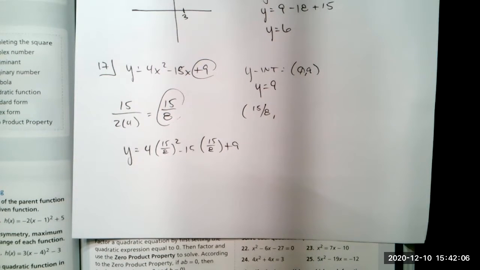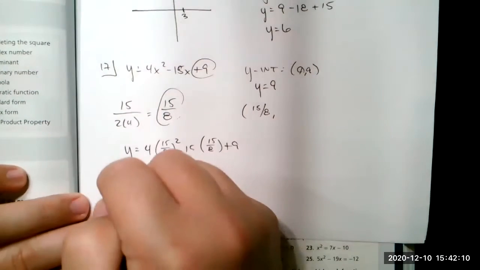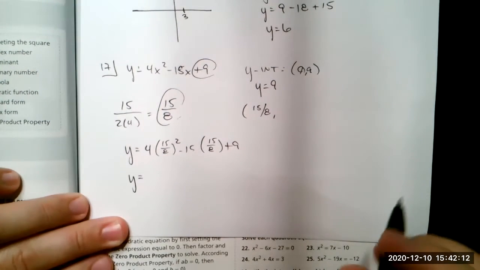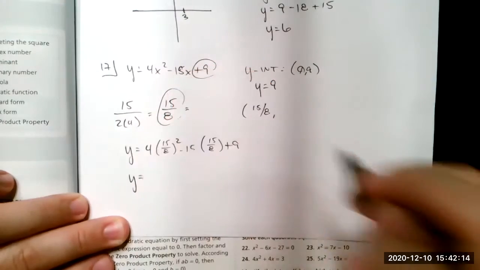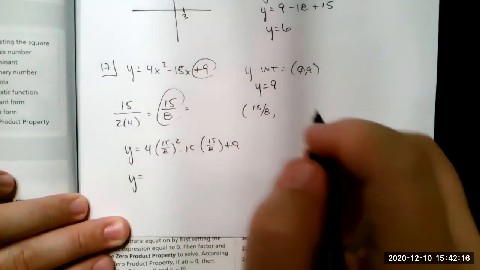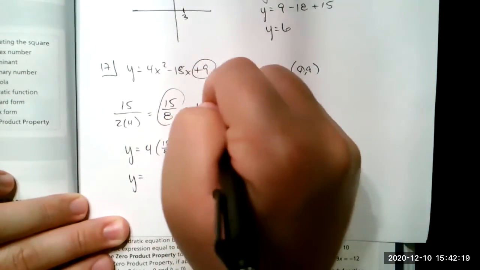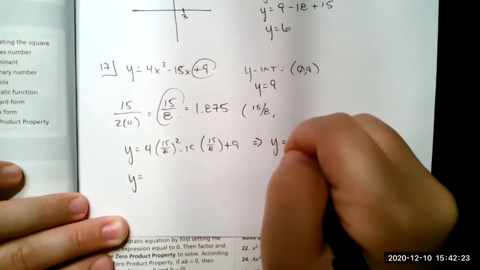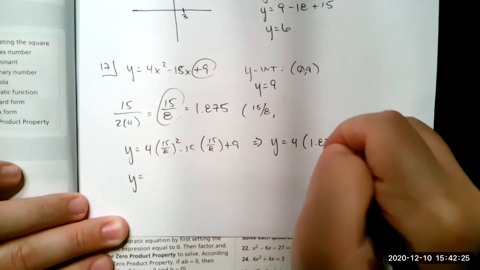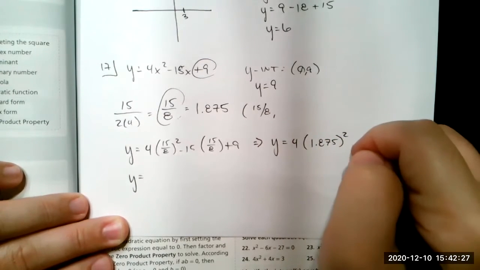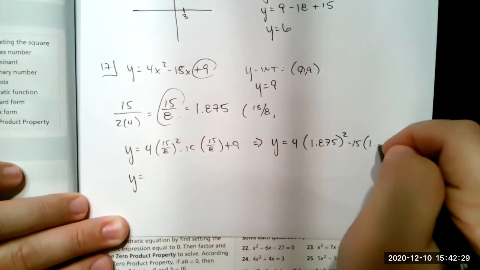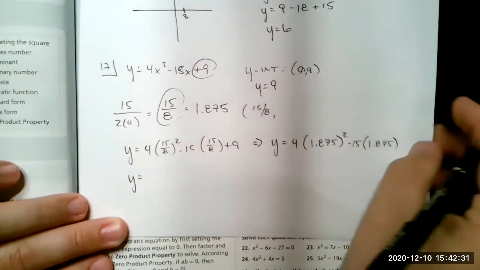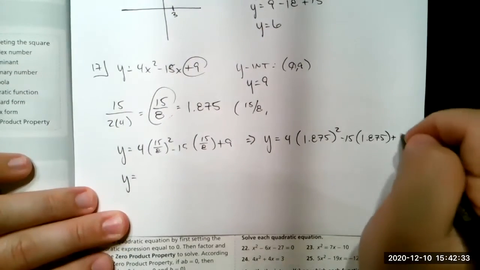You're going to end up with y equals, I'm going to go ahead and take the easy route. So 15/8 is the same thing as 1.875. So y equals 1.875 squared minus 15 times 1.875 plus 9.